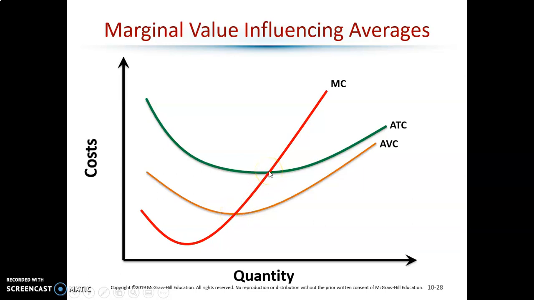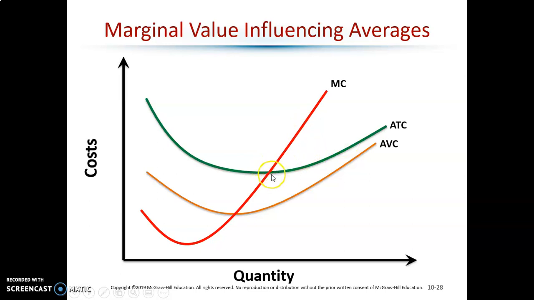The average total cost curve meets the marginal cost curve at the point at which your average total costs are as low as possible. When your average total costs are at their absolute lowest possible point, they are equal to marginal costs. When you haven't gotten to that low point yet, your average total costs are higher than your marginal cost. And when you're beyond that lowest point and your average total costs are going up forever, they are below your marginal costs.